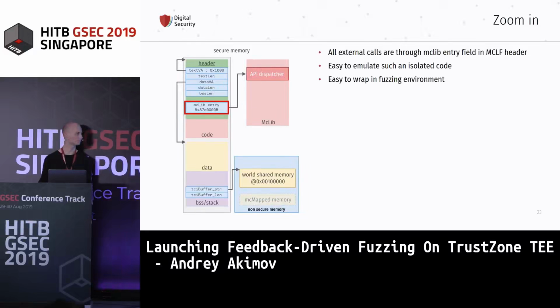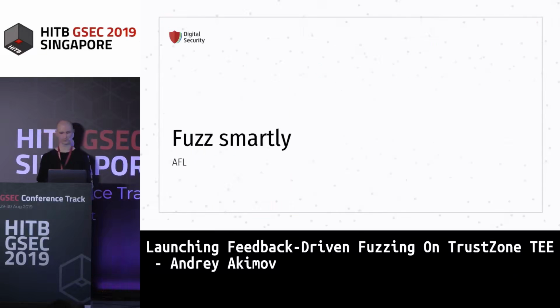It means that all calls to some external code are routed through one address in the trustlet header. So the code inside the trustlet is very isolated, and it means that we can easily emulate such code, and what is more exciting, we can easily fuzz it. And we can do it smartly.